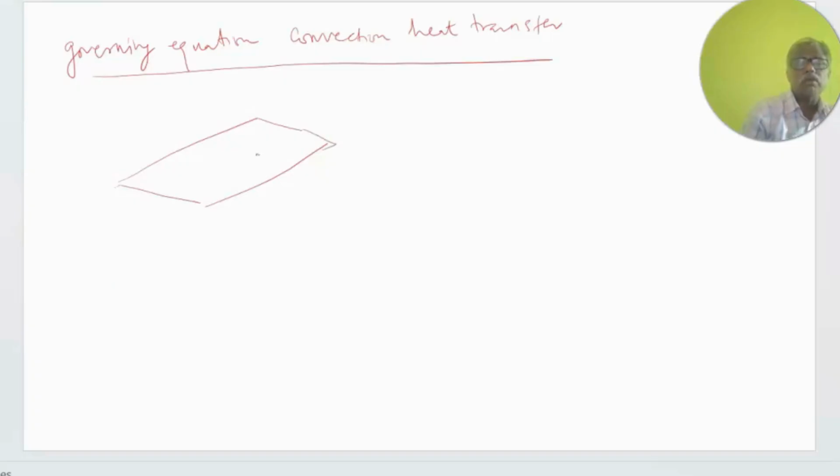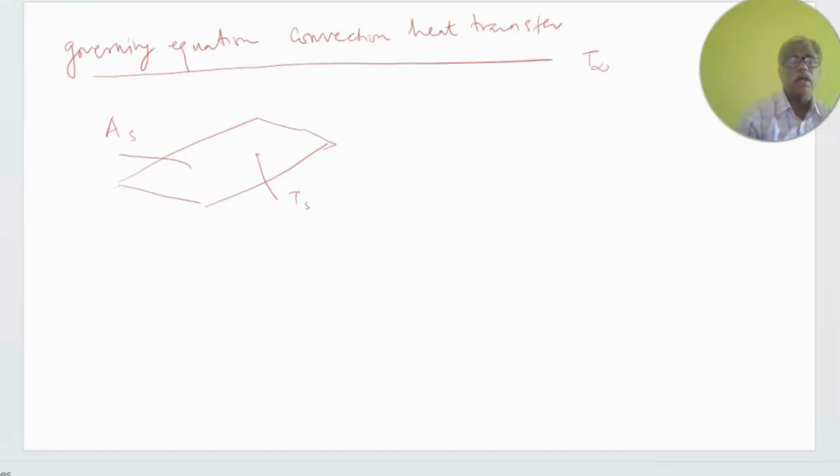Assume that this plate is at temperature Ts, and we measure the surrounding fluid temperature far away from the surface, so the hotness of the plate has no influence on it. Let the area from which convection is occurring be AS.